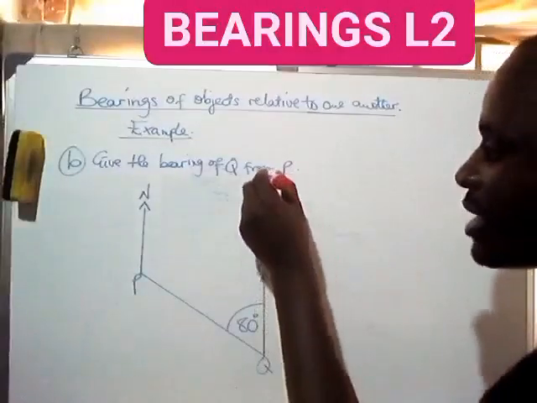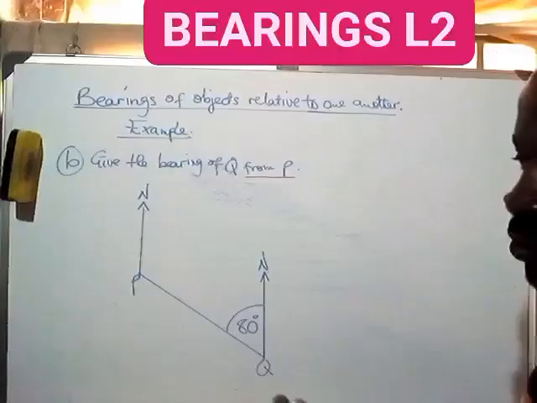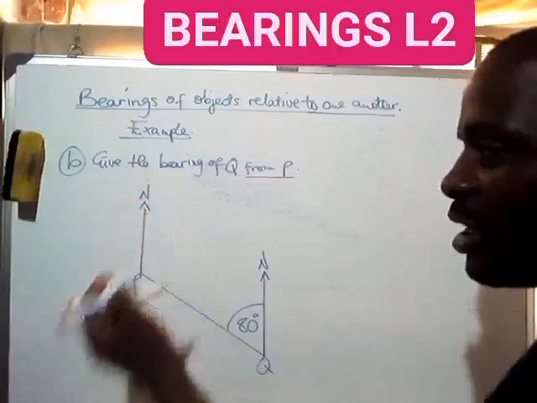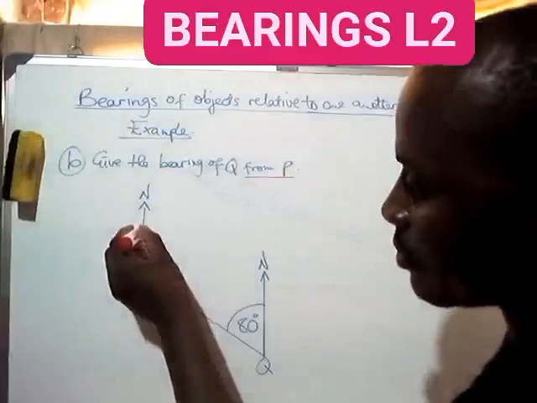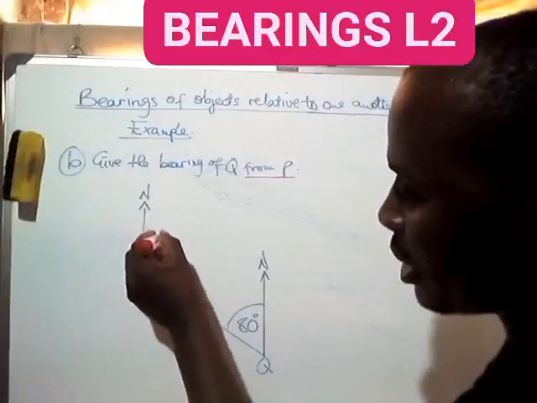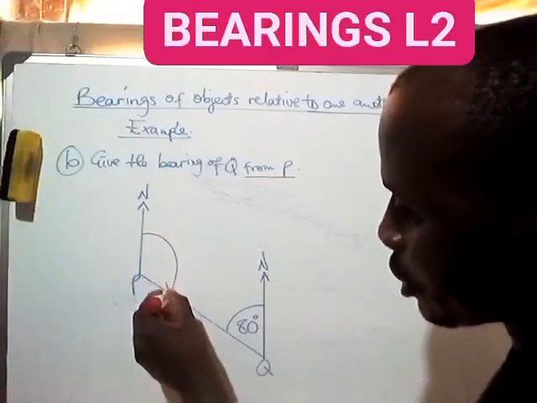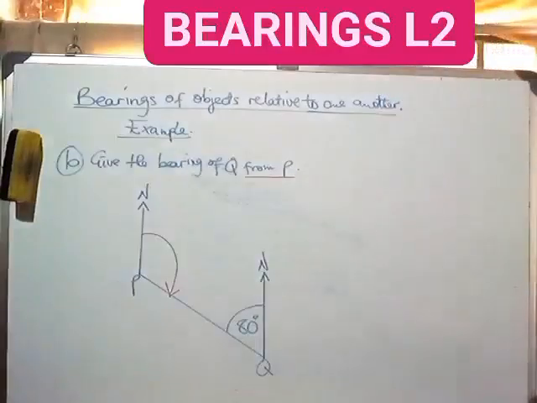Why? Because they are saying from P. So we draw the north, then we move in a clockwise direction. The clockwise direction will be like this. So now what angle is this?